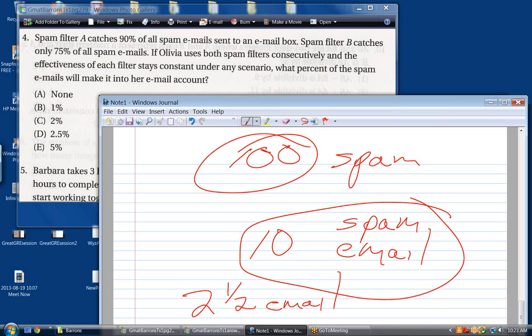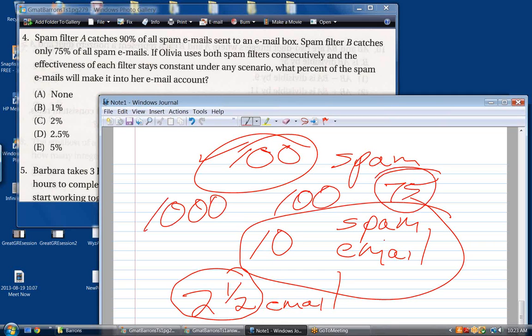And you'll notice that the numbers I used here didn't really matter that I came down to a partial email. In other words, since they were looking for percent, what she's really talking about probably is 1,000 spam emails, of which 100 are going to get through, and then of which 75 get caught by the second one, so you'd end up getting 25 through.